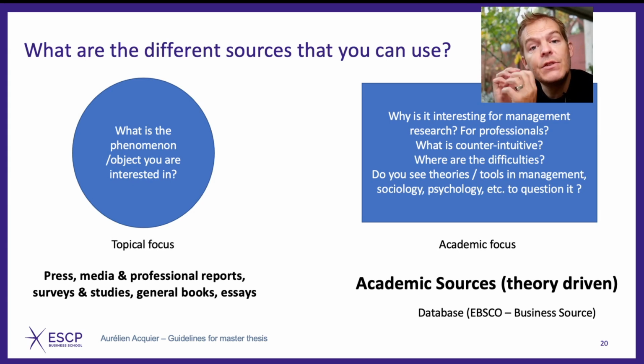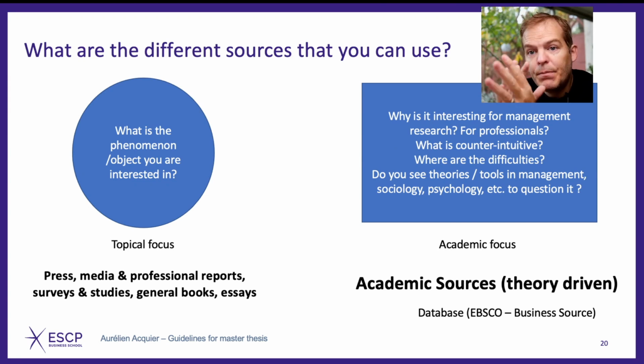Then there is a second type of source, which will help you to answer the second question: why is it interesting for management professionals, researchers, and what type of lens do you use to investigate this topic, okay? So this is academic sources, and they are theory driven.